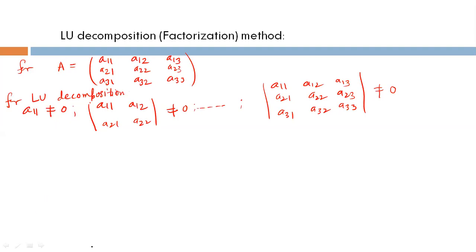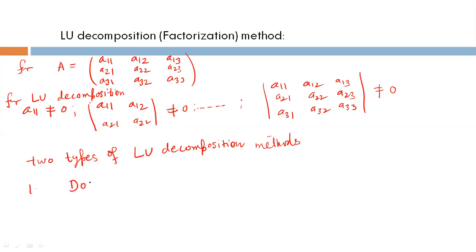There are two types of LU decomposition methods. First is Doolittle and second is Crout's.